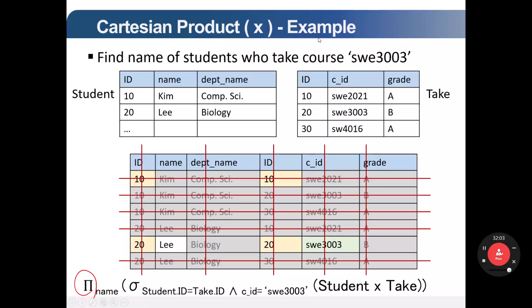So this Cartesian product is really expensive. Sometimes we can apply this filter before we apply the Cartesian product to shrink the size of the input table.